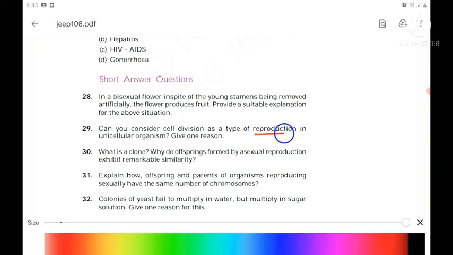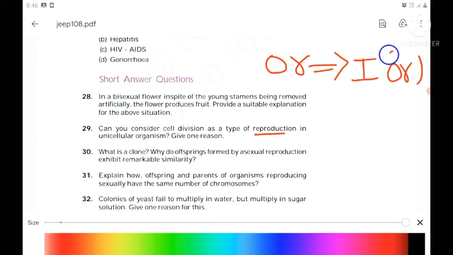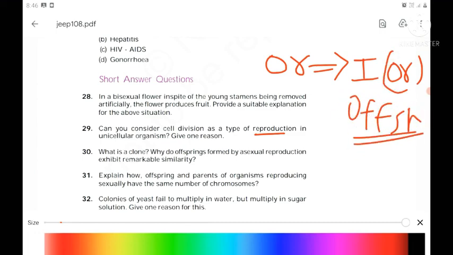When an organism gives birth to a new individual or an offspring, this is called reproduction.